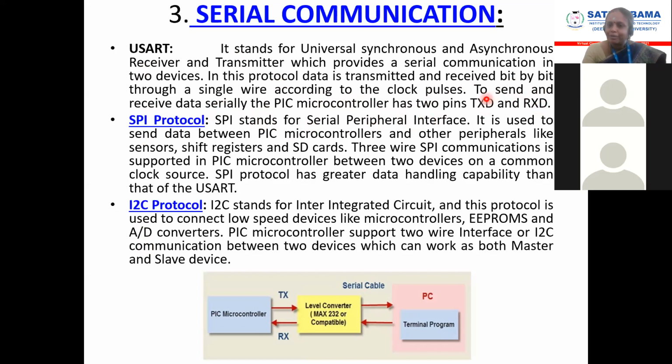If I want to transmit data, I enable the transmit pin; if I want to receive data, I enable the receiving pin. There we use one serial buffer register, which holds the data and is used to transmit as well as receive.